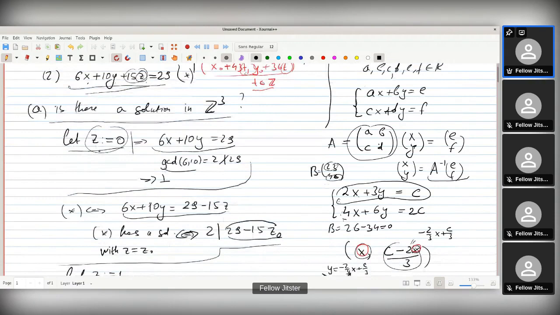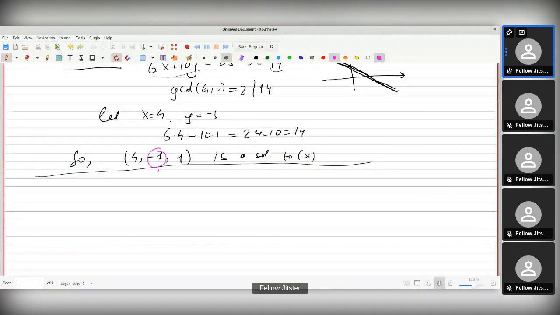But look, in our solution, we have a negative number. Is it possible to obtain a solution with all integers being positive, or at least non-negative?